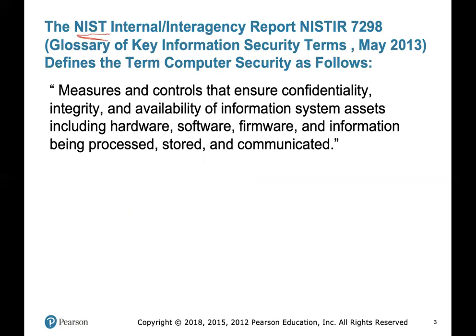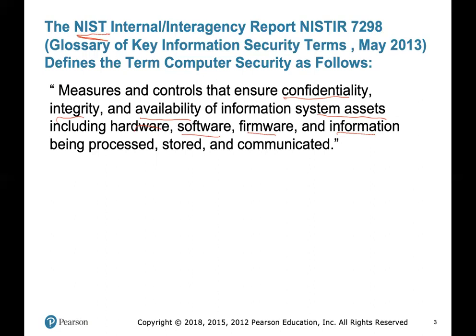Here you see, they have defined security as measures and controls that ensure confidentiality, integrity, and availability of information systems assets, including hardware, software, firmware, and information being processed, stored, and communicated.